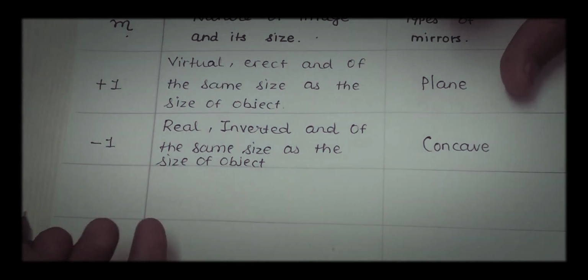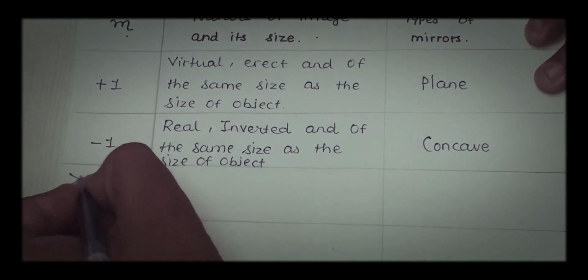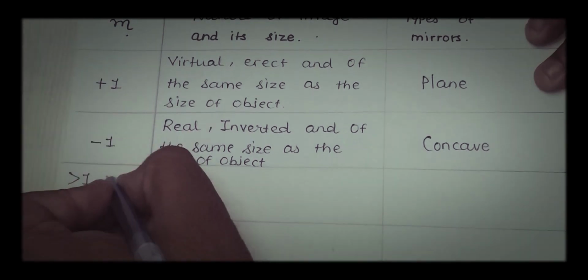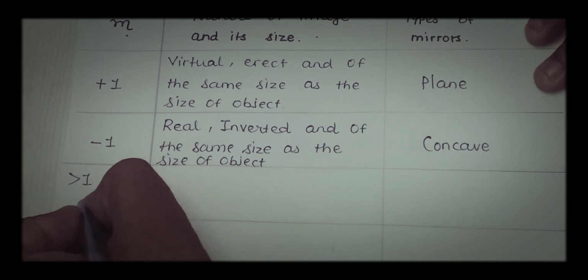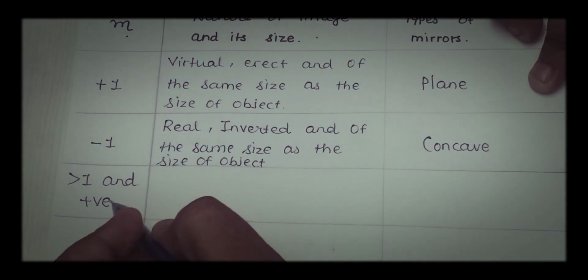Now in the third case, we take greater than 1 and positive. It means if we get a value like plus 4, plus 5, plus 6, all these values are greater than 1 and positive. Here you can see the positive sign.